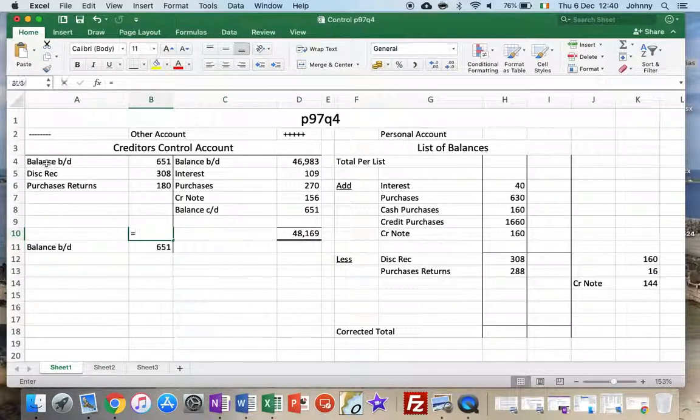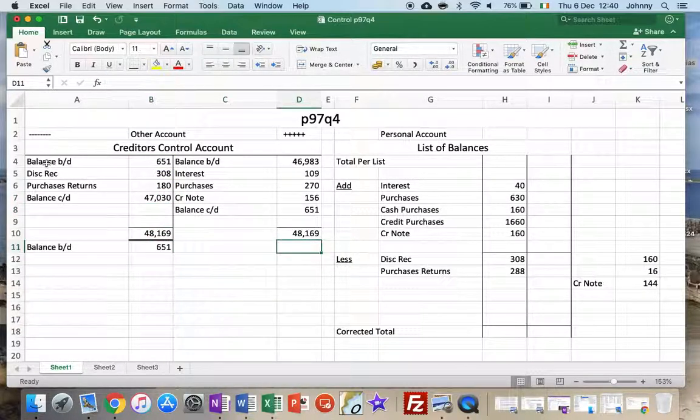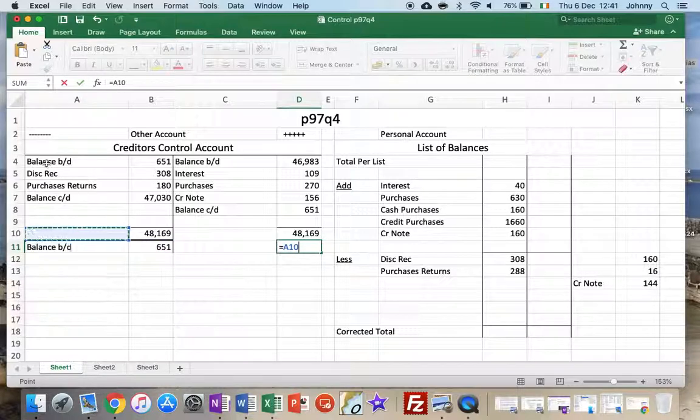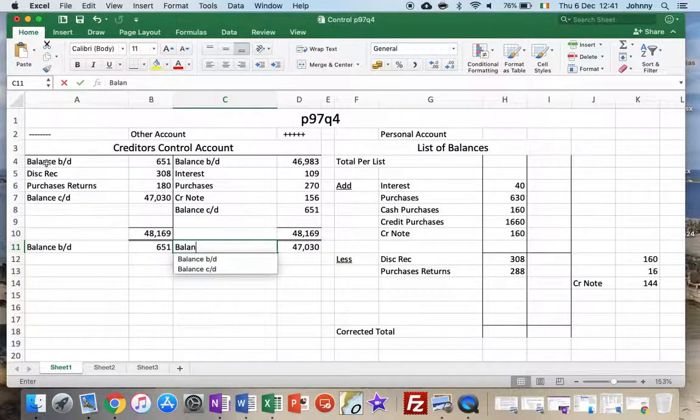So we have 48 there, and then our balance CD on the debit side, which will then be the balance BD on the credit side. So the balance CD is going to be 48,169 minus 180 minus 308 and minus 651. So that 47,030, that's the balance BD here on the debit side.